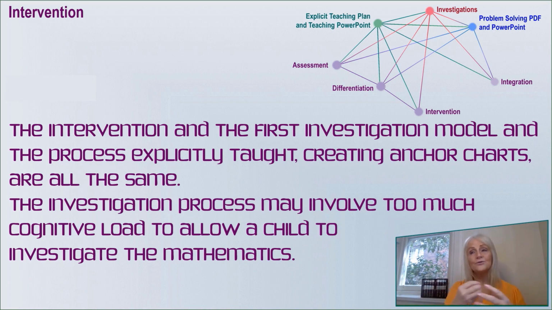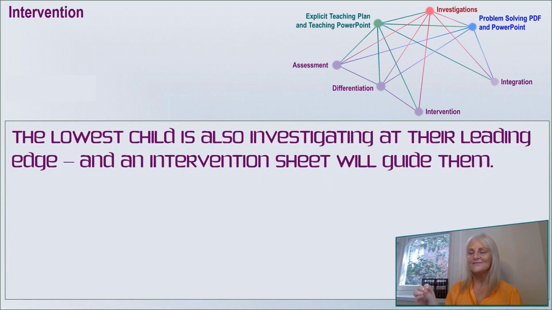So you may want to give a child an intervention sheet to allow the cognitive load of the investigation process to be low enough that they can actually access the cognitive load of the mathematics that they're going to be learning. There is another use for these intervention sheets, and that is actually as intervention.